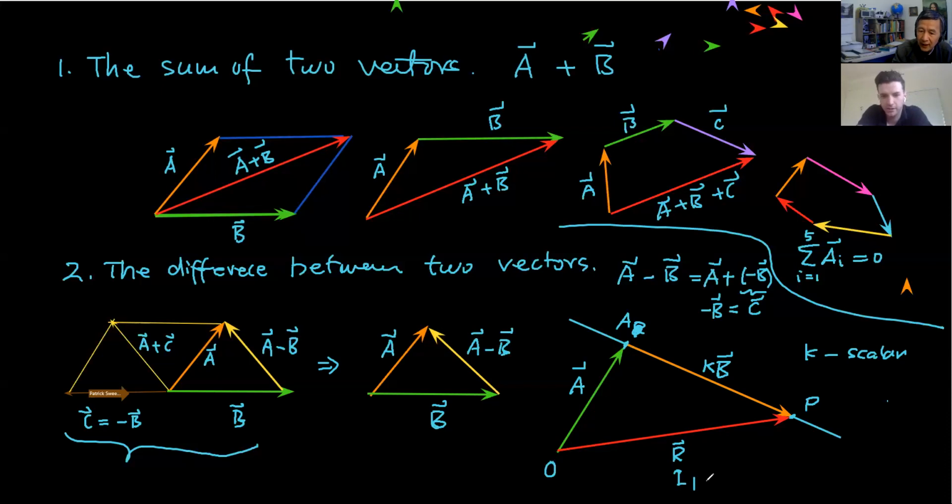Both A and R are called position vectors. So what is R in terms of the vector sum? It's A plus B, the vector sum of A plus KB. Yes, KB.